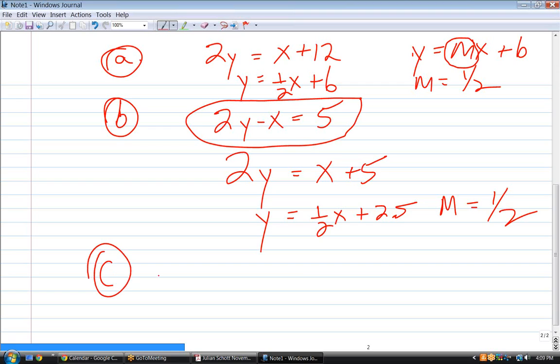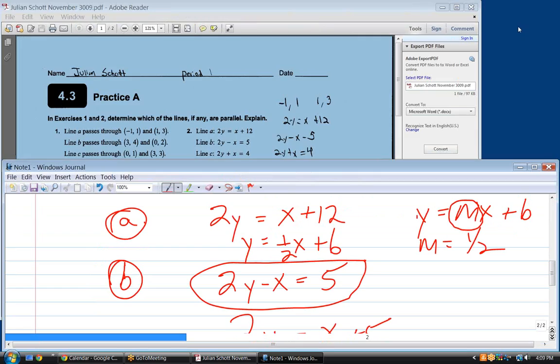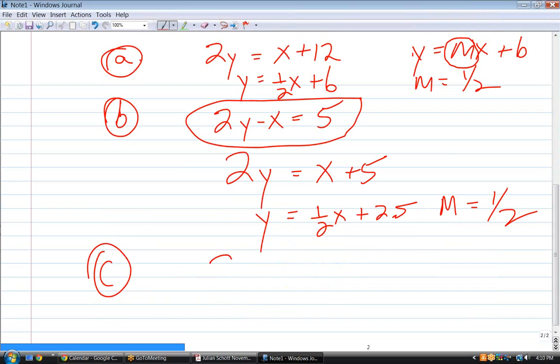Now let's look at one more. 2y plus x equals 4. Solve this one for y. Alright, minus x. So the next line is 2y equals 4 minus x.